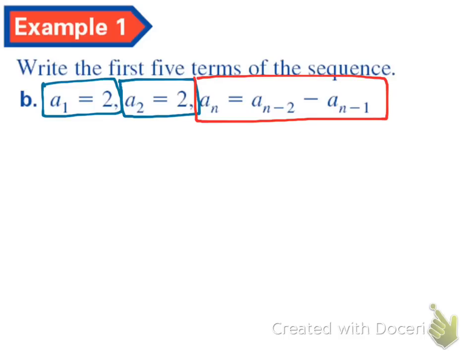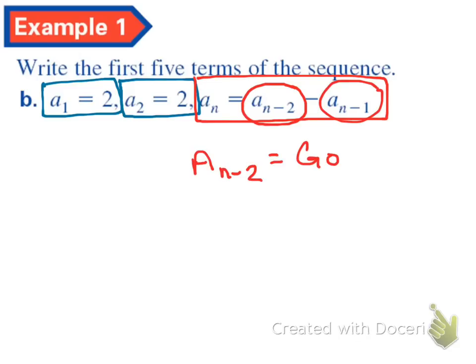Notice this time that to find any term after the second term, we have a sub n minus 2. Now, if a sub n minus 1 means the previous term, then what do you think a sub n minus 2 would mean? This means go back 2 terms.